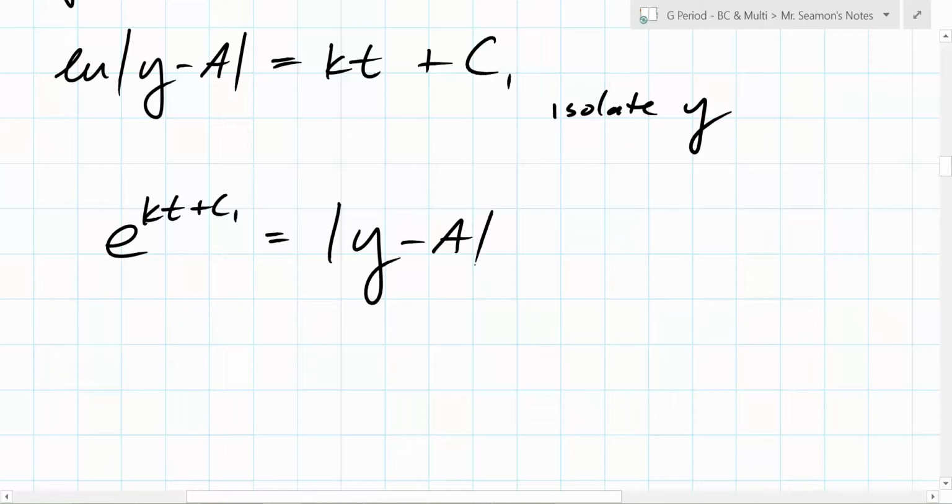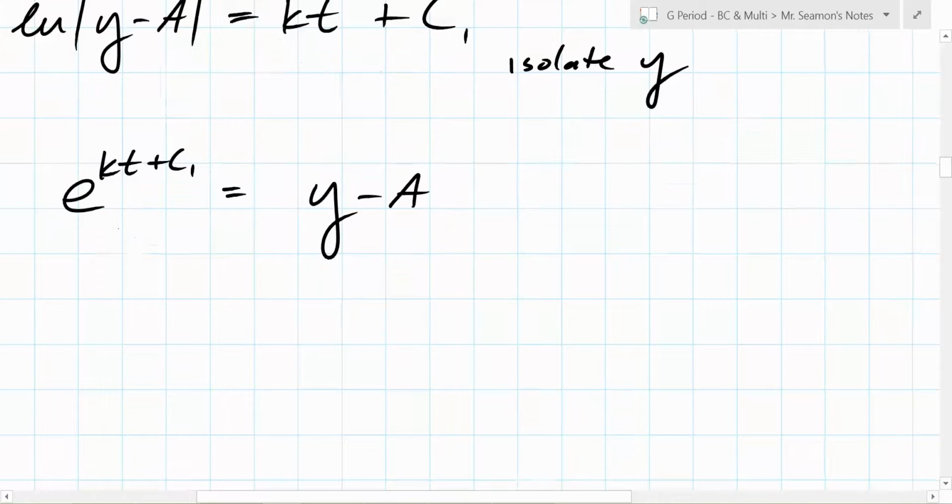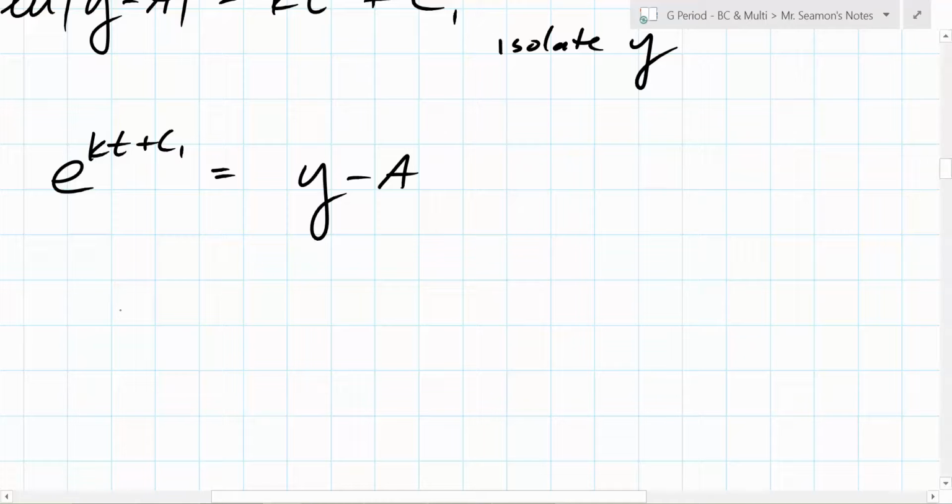You know it's going to be positive. Can someone tell me why? What's the left? e to a power is always what? Always positive. So what can you drop? The absolute value goes away. It has to be positive. So then what do you add to both sides? a. So you get y is equal to e to the kt plus c1 plus a.